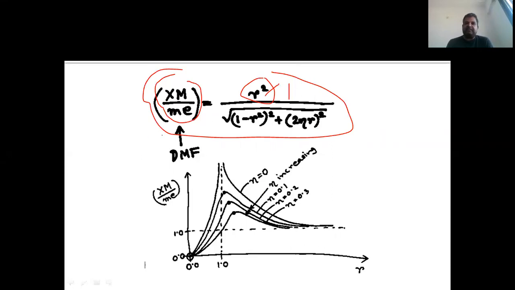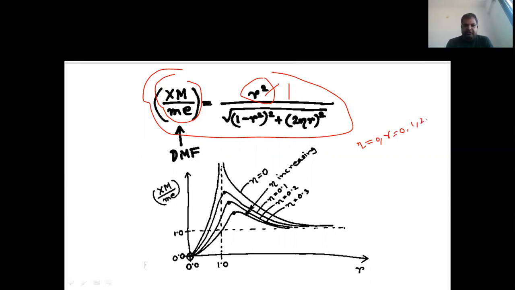Now, in the same way, you are going to develop this particular curve of DMF versus r. Again, you can use this equation. First, you can take the case of eta equal to 0, and then take different values of r, starting from 0, 1, 2, and so on.